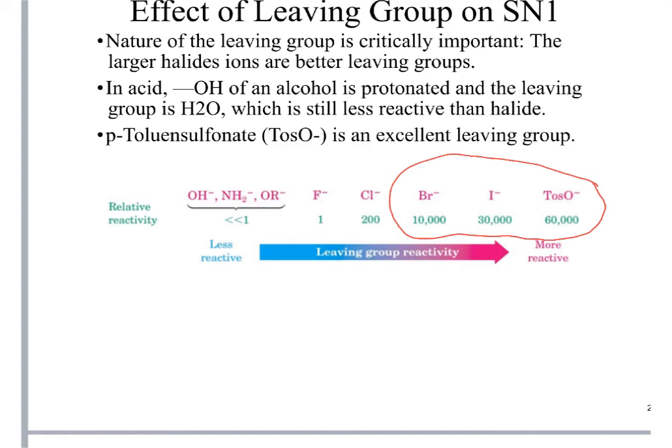So again, those three circled groups, tosylate, iodide, and bromide, are the best leaving groups for both SN1 and SN2 reactions. Strong bases, hydroxide, amide, and alkoxide, as well as fluoride, would not partake in an SN1 mechanism as they are very strong bases. They are not able to delocalize or stabilize their negative charge, and they will increase the activation energy for SN1 reaction.